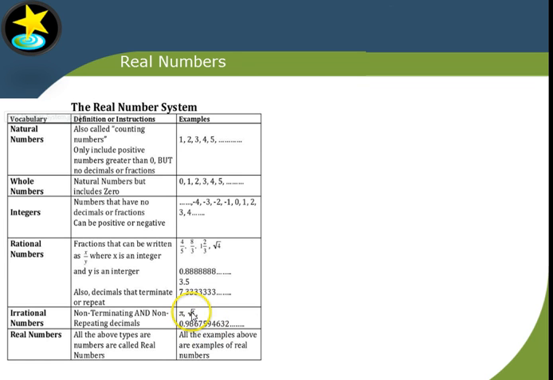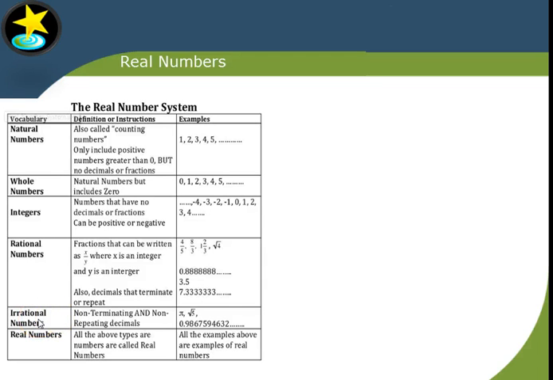Since this is not repeating, I can't qualify this as a rational number, because any number can be treated as a rational number if the decimal either terminates or repeats, like you have seen in 0.888 and so on, or in 7.333 and so on. In this particular case, the decimal is non-terminating and non-repeating, and that's why this qualifies as an irrational number.